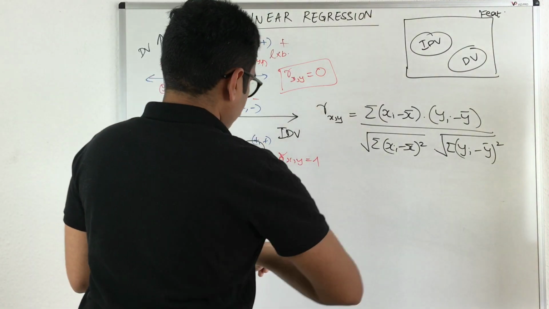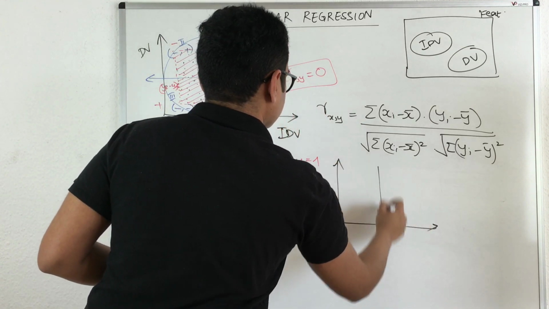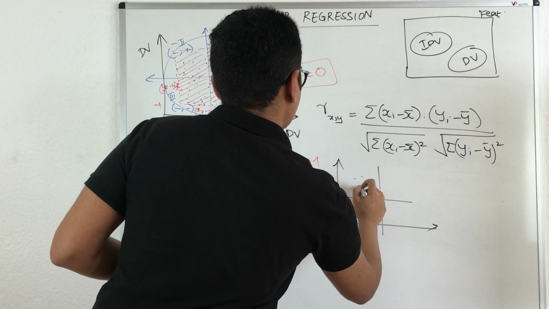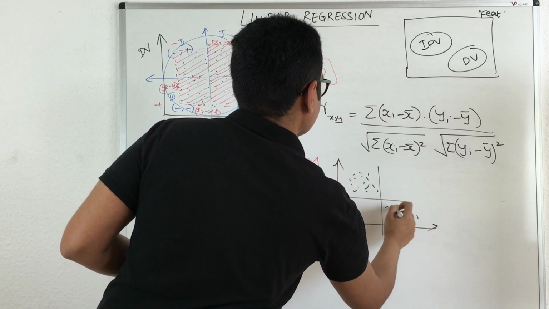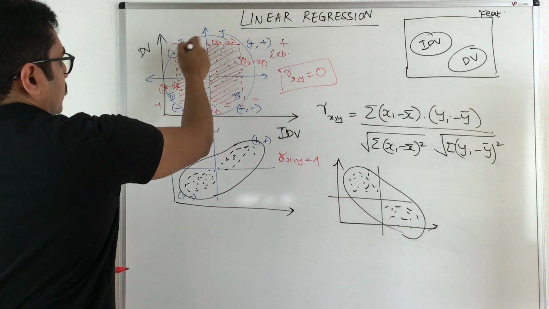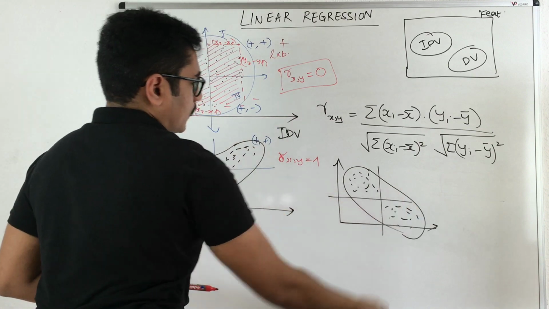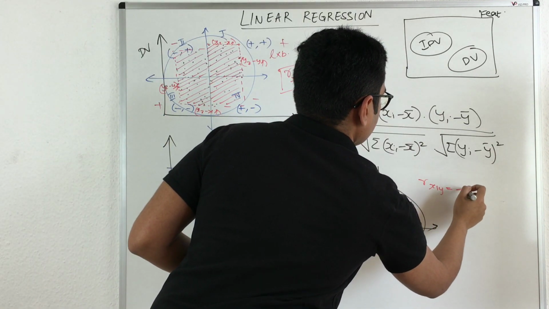Similarly, if you consider the other regions, that is, if you have points in this space and points in this space, and you construct like this, you have negative and negative, both are negative, and your Rxy is -1.